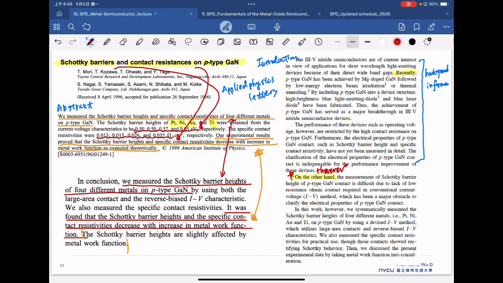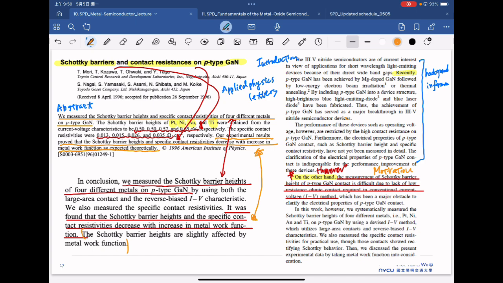So then, the measurement of Schottky barrier height on P-type gallium nitride contact is difficult due to a low resistance ohmic contact. It requires a conventional current voltage method. So that's our motivation for this work.